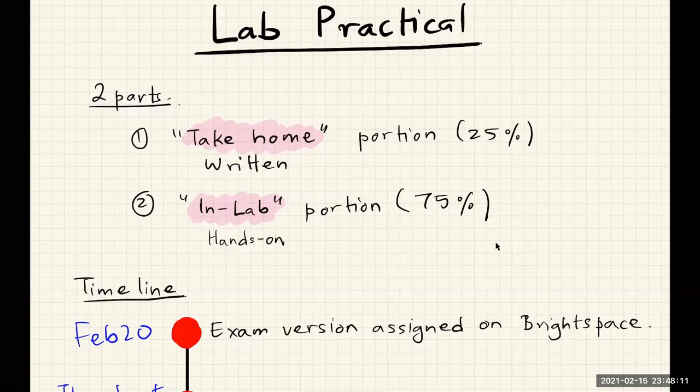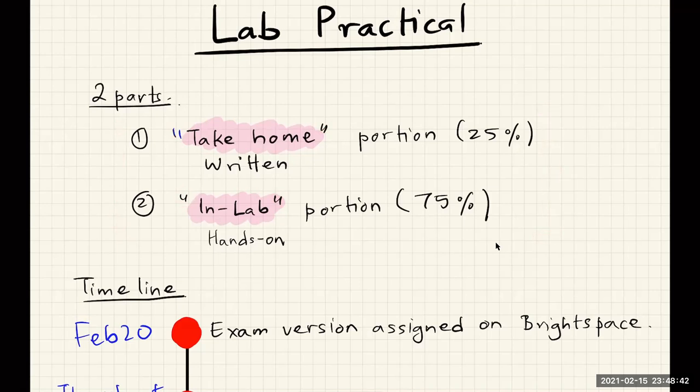So the lab practical has two parts to it. First is the quote unquote take home portion, and the second is the quote unquote in lab portion. Right? So when these labs were held in person, there would be a part that you did as take home, and a part that you did in the lab. But for this remote setting, both of these will obviously be done in your home.